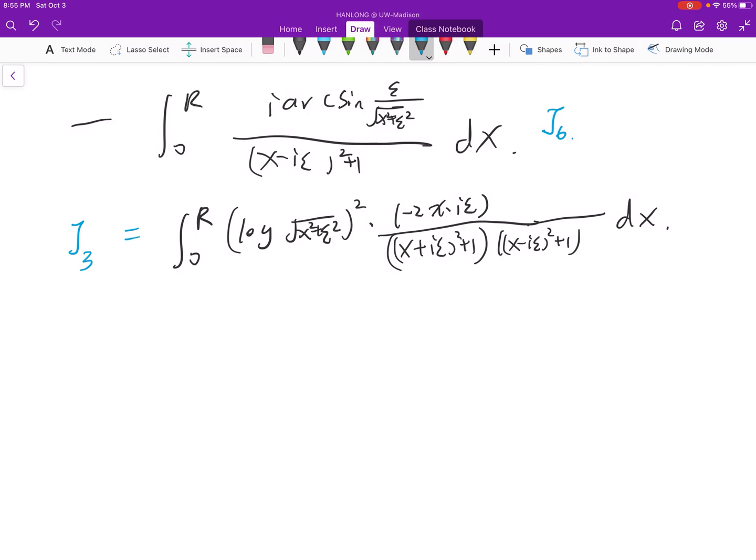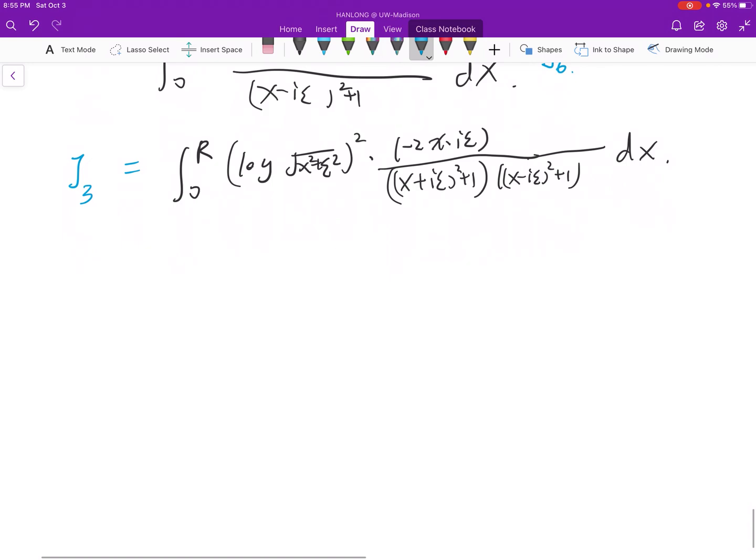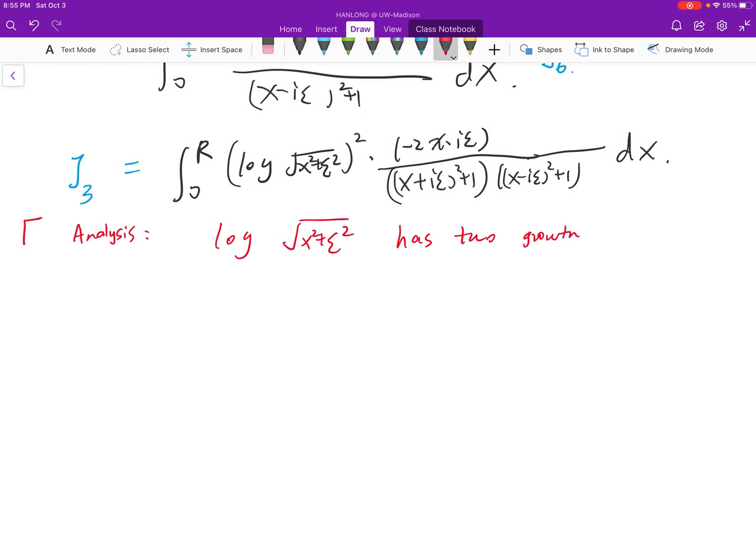But currently we have no control over it, because analysis: log square root of x squared plus ε squared has two growth aspects.